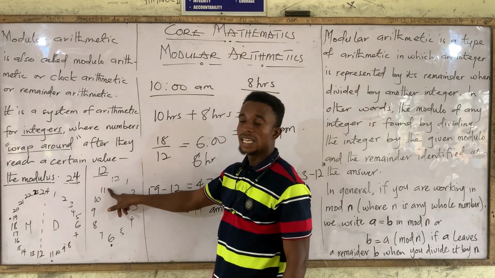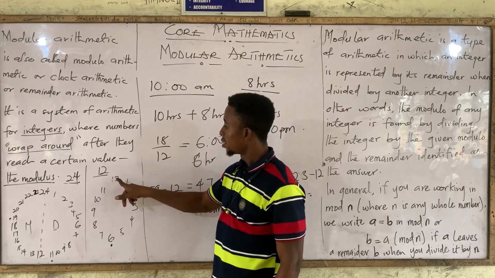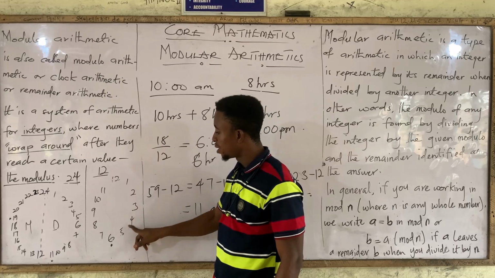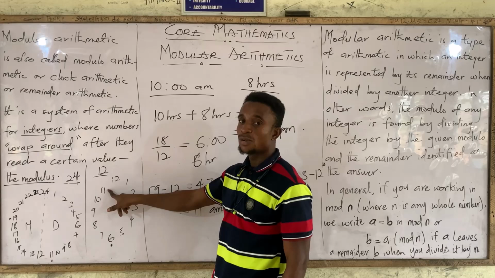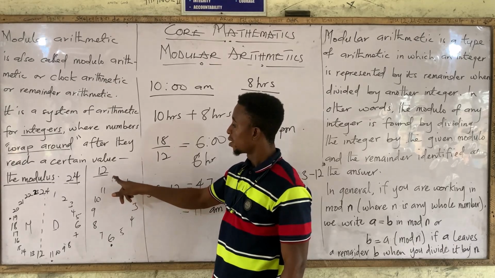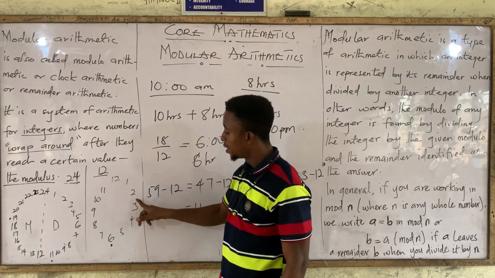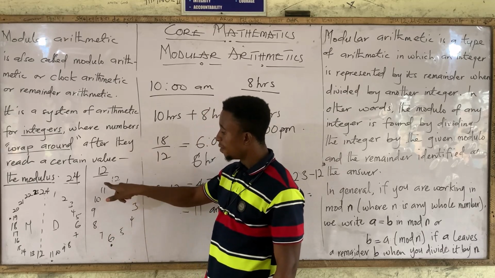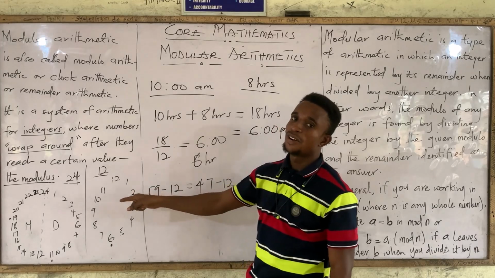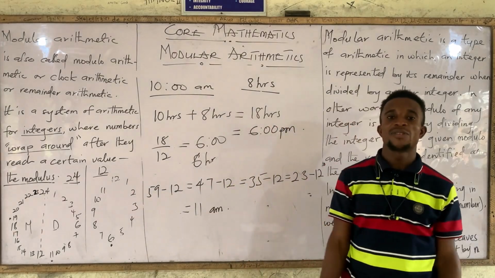That is AM. 36, 37, 38, 39, 40, 41, 42, 43, 44, 45, 46, 47. That is PM. 48, 49, 50, 51, 52, 53, 54, 55, 56, 57, 58, 59. And we are in here. Please, are we getting that?